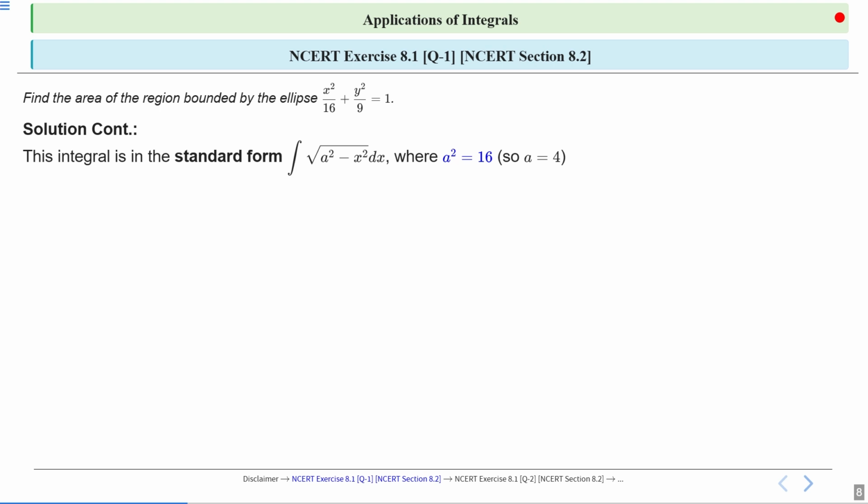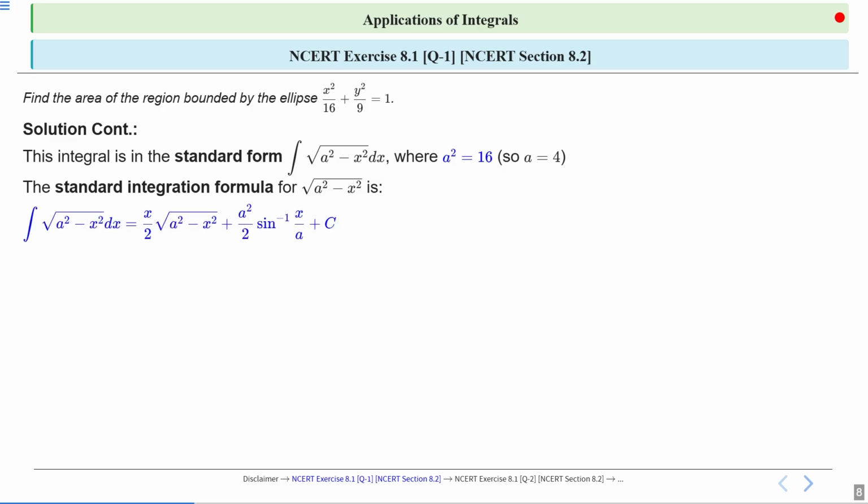And this is the standard form, that is the integral of root under a square minus x square dx, where a square is 16, so a is equal to 4. We know the integral of root under a square minus x square is x by 2 root under a square minus x square plus a square by 2 sine inverse x by a plus c.